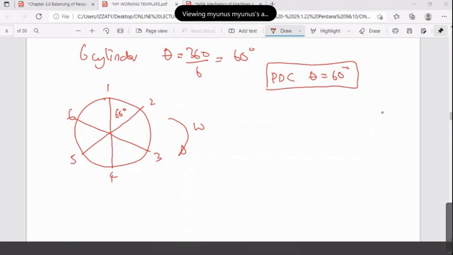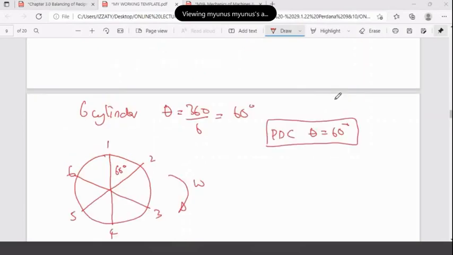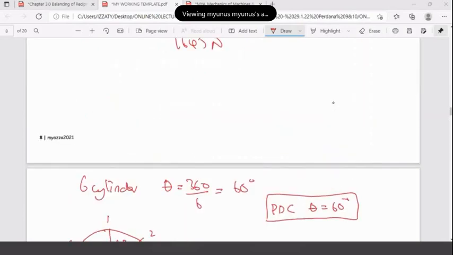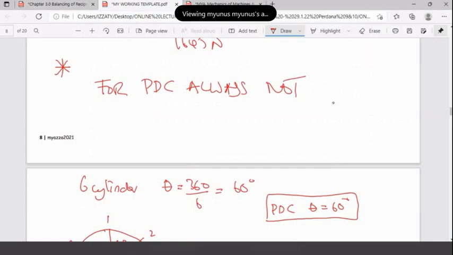So how are we going to do this? Okay, now listen up very carefully. I'm going to write something here. This is my conclusion. For primary direct crank, it is always not balanced. Always not balanced.